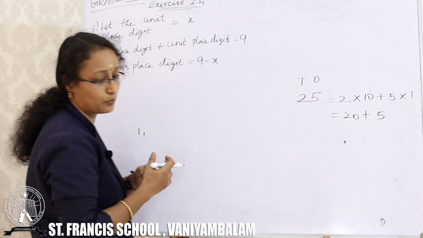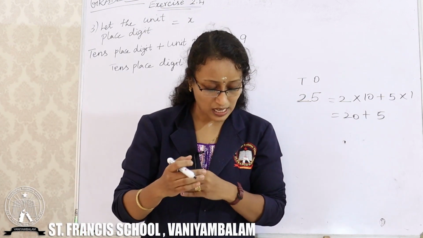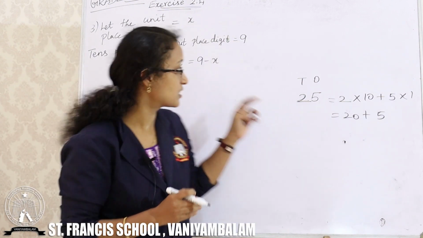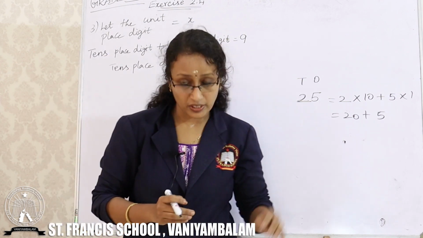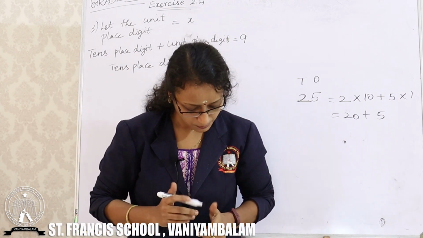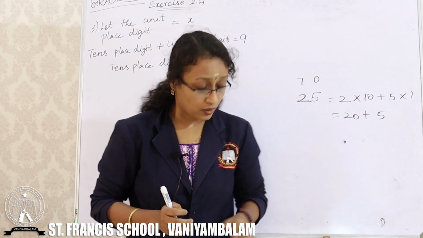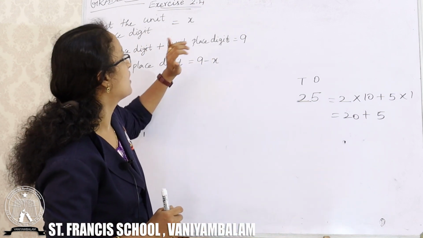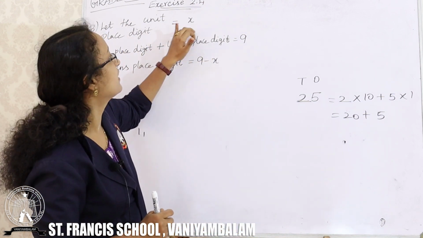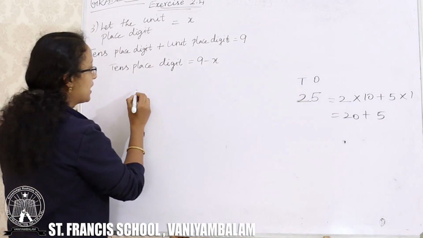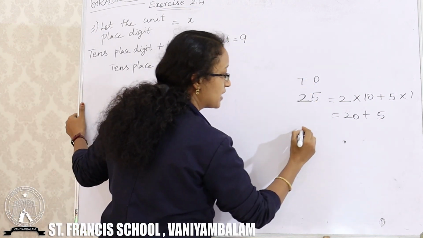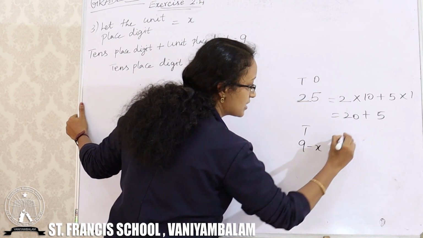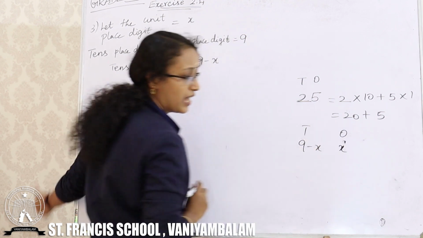So the same thing I am going to use here. Sum of the digits of the 2-digit number is 9. So we got the unit place digit and tens place digit. Our tens place digit is 9 minus x. Our ones place digit is x.